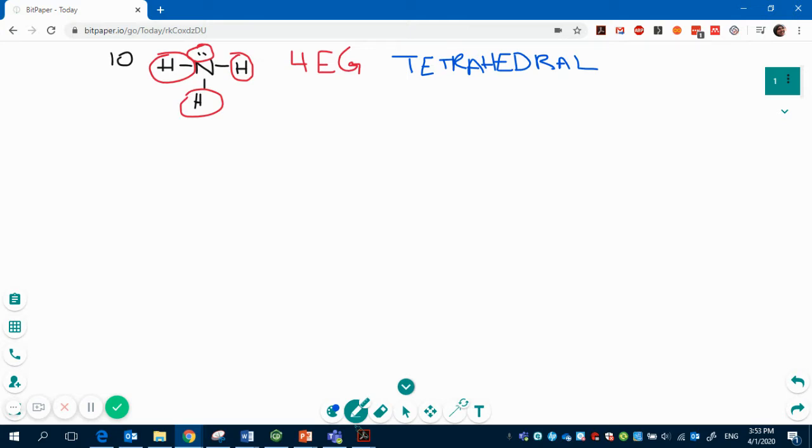One of the ways we can show this is like this. If you're struggling to draw in 3D, if you have your model kit, use it. If you don't, remember that link I sent you to the PhET simulation.